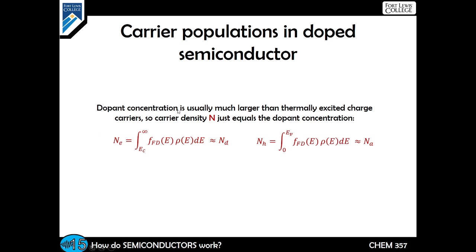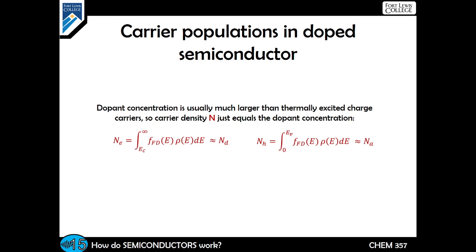And the dopant concentration is usually larger than thermally excited carriers. So you can approximate the carrier density as just equal to the dopant concentration. So if you have some number of moles of your dopant, each of which has an extra electron, per cubic meter of material, that's just the density of your carriers.